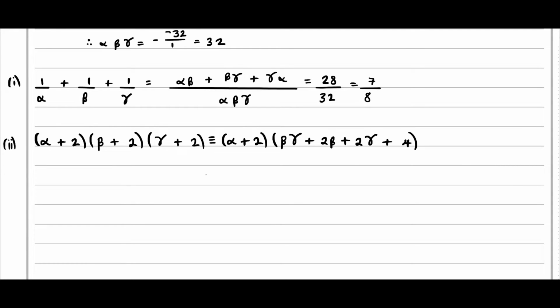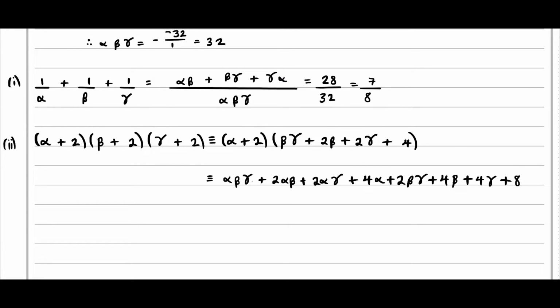So what we end up with then, we have alpha times beta gamma, alpha times 2 beta, so that's 2 alpha beta, then alpha times 2 gamma, that's 2 alpha gamma, alpha times 4, that's 4 alpha, then 2 times beta gamma, so we have 2 beta gamma, 2 times 2 beta, that's 4 beta, 2 times 2 gamma, that's 4 gamma, 2 times 4, that's 8.